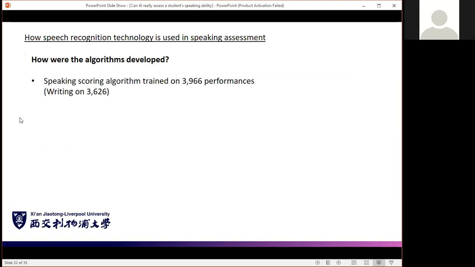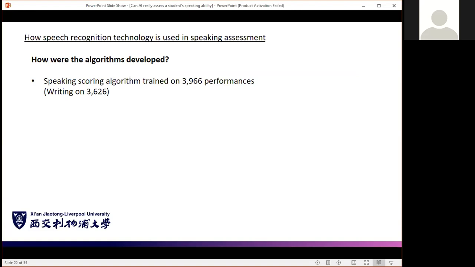Okay, this part was fun to try and get my head around. So yeah, the algorithms, so in the early days, to make the test, they had to train the algorithm to be able to differentiate between levels of performance. But it also needed to know what these different levels actually look like. What are the characteristics of a high level of spoken speech?